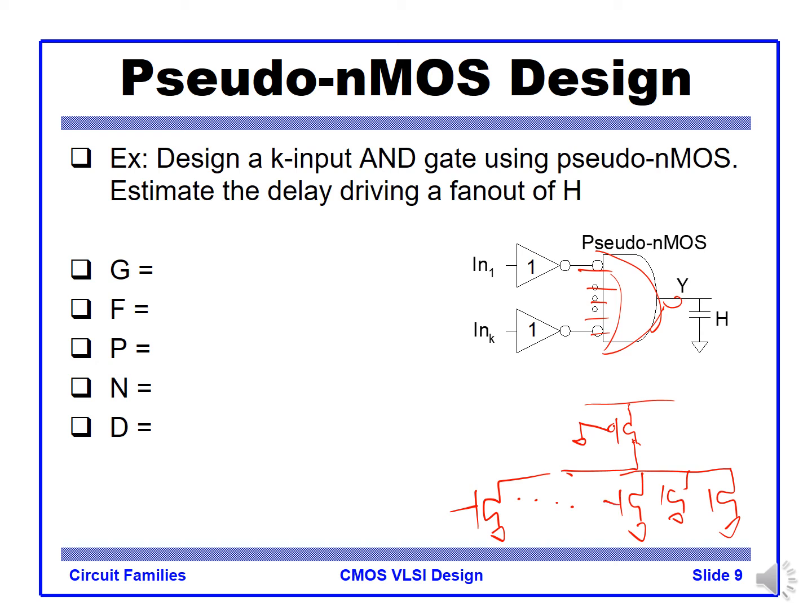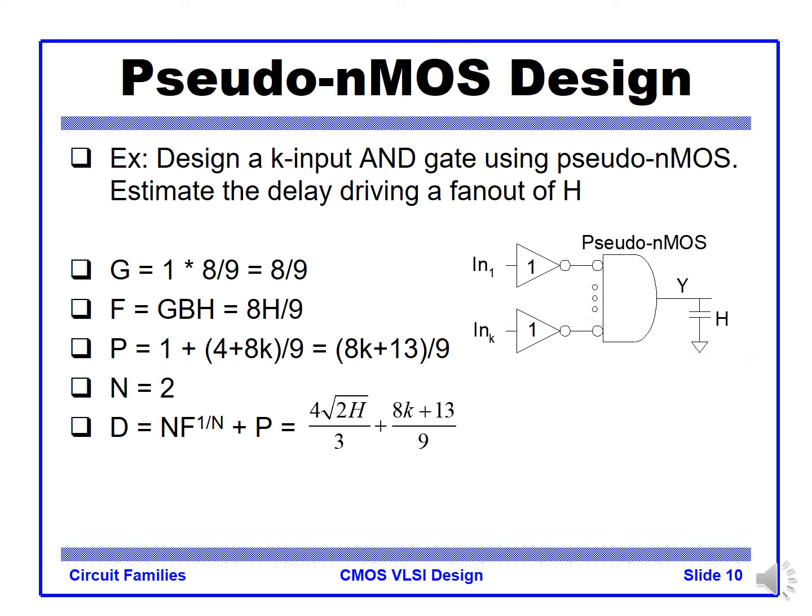So this is a high fan-in pseudo NMOS or NOR gate. So let's find the optimum path delay, assuming the output load capacitance is H and the input capacitance is equal to 1.